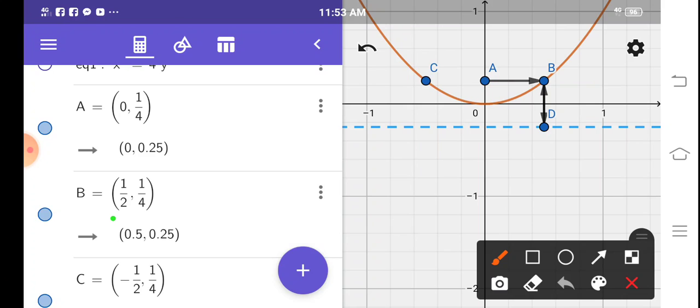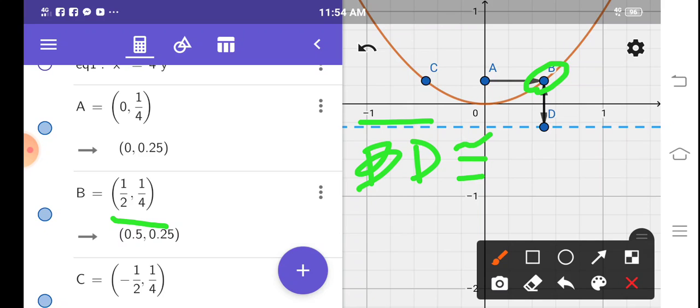So that is why here we have the point of the end of the latus rectum is 1/2 and 1/4. That is one end of the latus rectum. Our B is one end of the latus rectum. And the distance from B to D is similar or congruent to the distance from B to A.